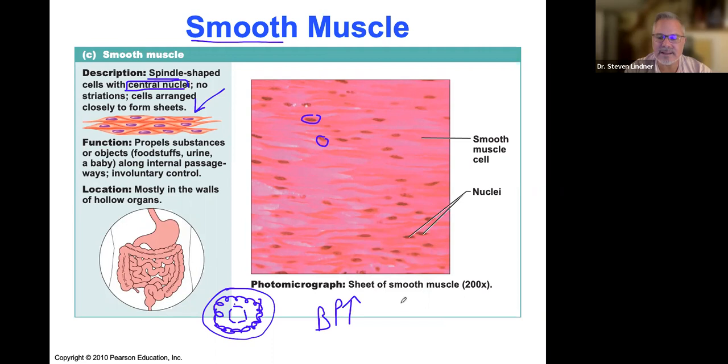And when it dilates and opens up, and this becomes much, much wider, then that's going to decrease blood pressure. So we find smooth muscle in parts of the blood vessel. We'll find it along the organs, around the small intestine, large intestine, stomach, esophagus, and again, it's involuntary.